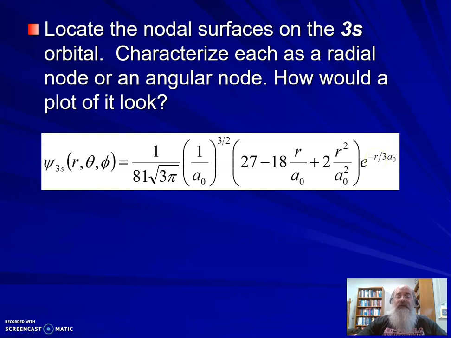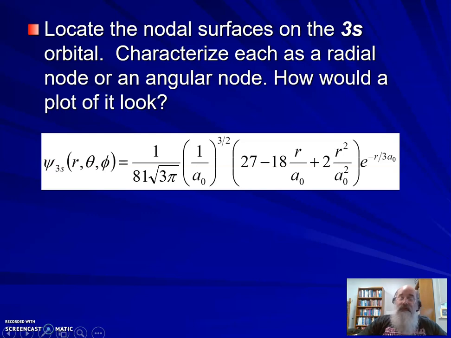So that's not helping us find a node. But the polynomial is solvable where we could just pump this into a quadratic formula solving item and find out what values of r over a0 give us 0 for this function. And that will force the wave function to be 0.